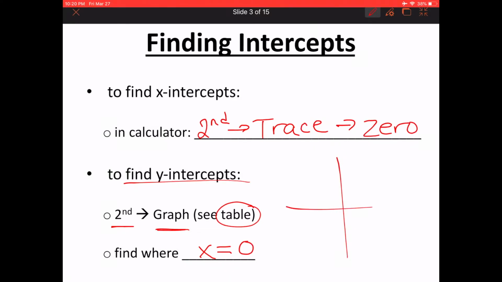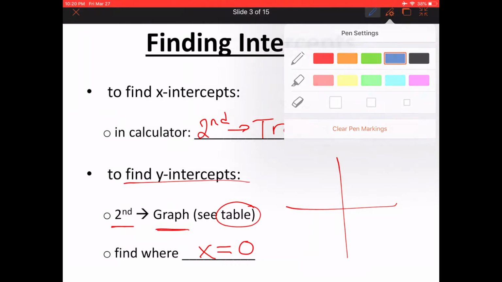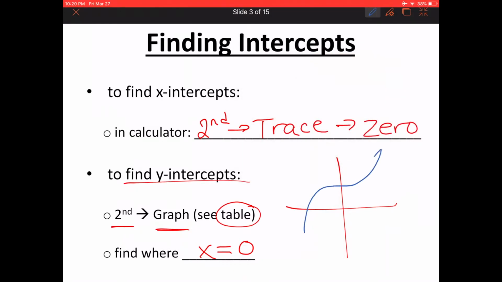If I were to have a graph here, let's say my graph looks like this, this y-intercept is going to take place where x equals 0. So that ordered pair might be 0, 3. So my y-intercept would be 3. And that's why I'm going to find my table, see where x equals 0, and now I know what my y-intercept is.